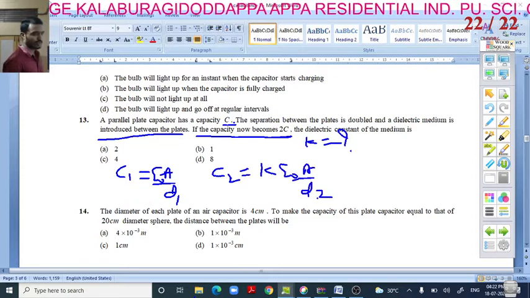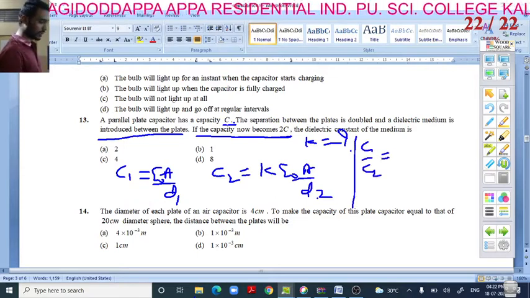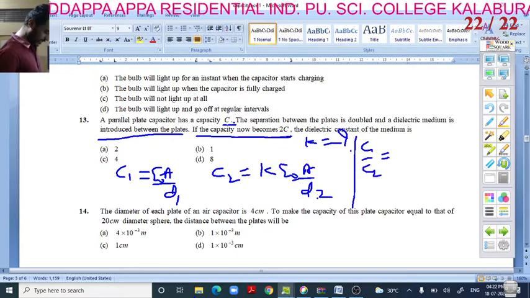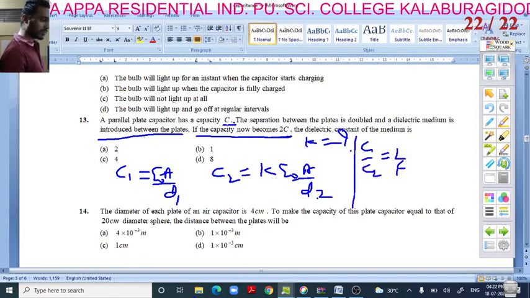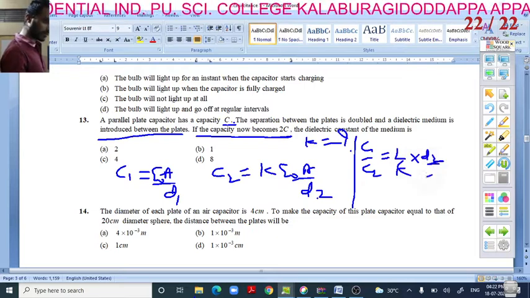So just to do C1 by C2, C1 by C2 is equal to 1 by K into D2 by D1.